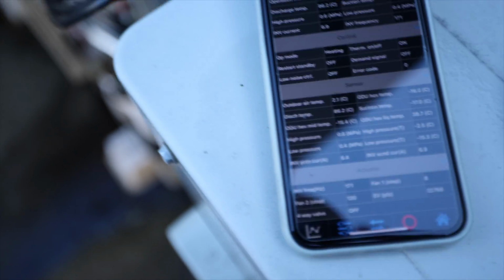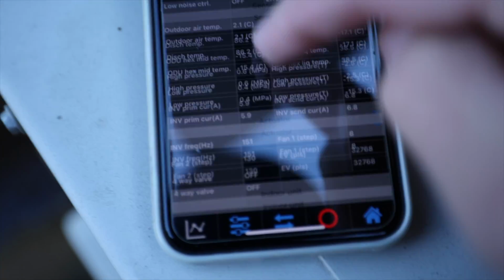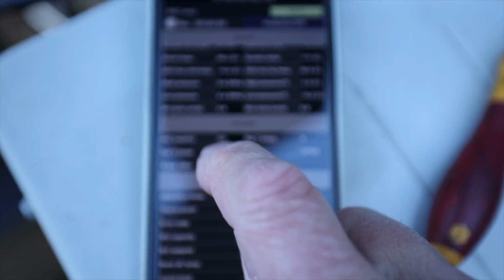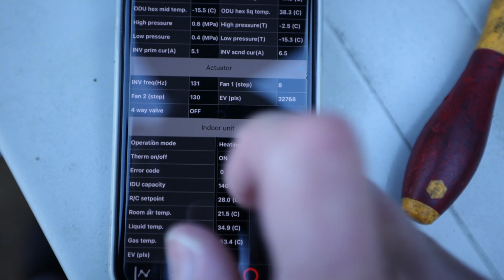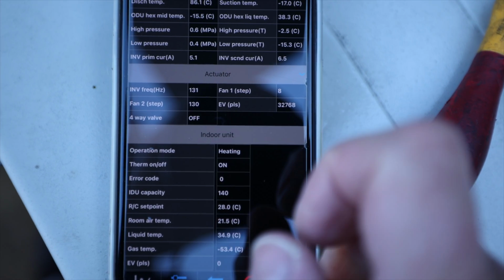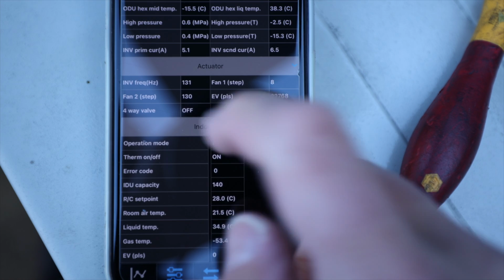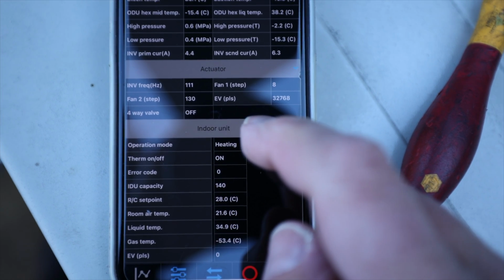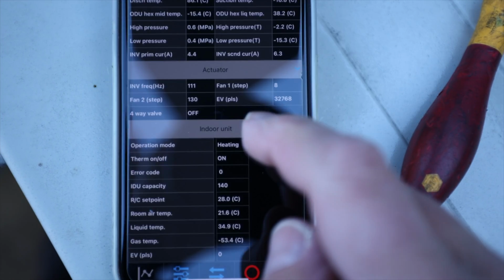And I think it's about to go into defrost. So I can hear the compressor winding down, and if we have a look here, we can see it winding down. So here it's on 151 hertz, 131 hertz, 111 hertz. So it's winding down. Temperature's going to come down at the indoor coil.